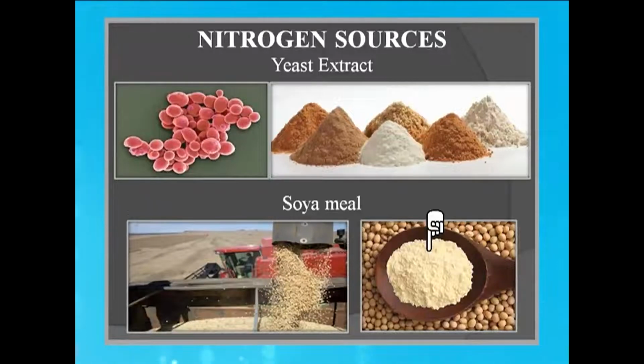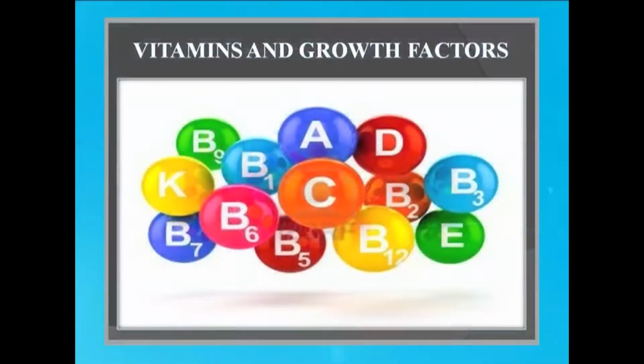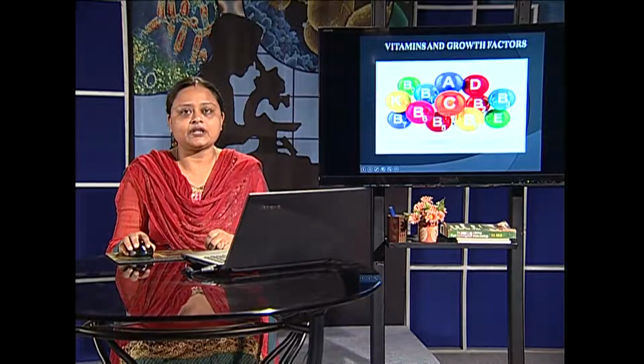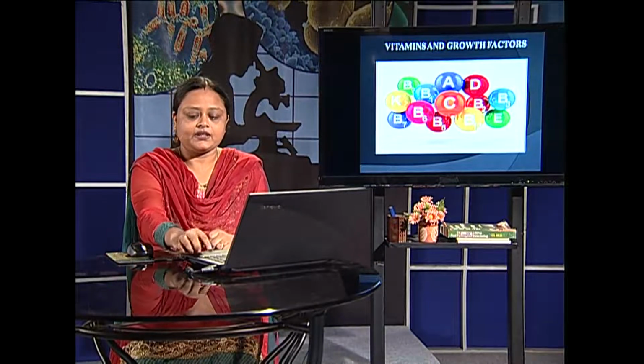Now, we are about to see some of the other requirements used in the industries. The nitrogen and carbon that has already been discussed are required in larger amounts and most often also supply some of the trace elements, vitamins or other growth accessories. But if required, some of these can also be supplied in purer form. The vitamins and growth factors include most of the vitamins, amino acids and other precursors.